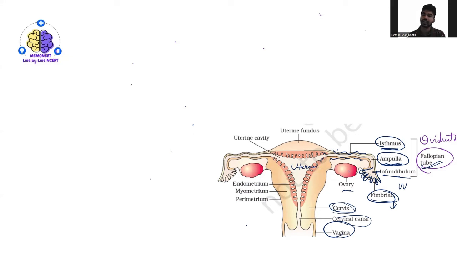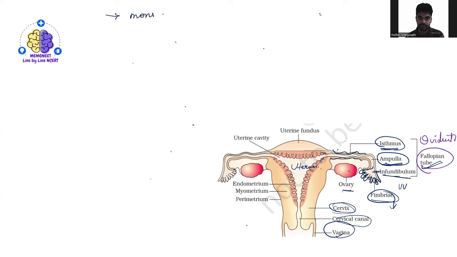So the female external genitalia. These were all about the internal parts. When I'm talking about the female external genitalia, what does it include?